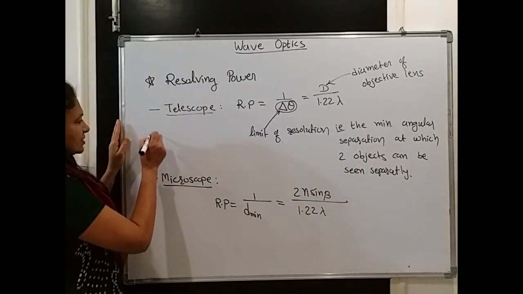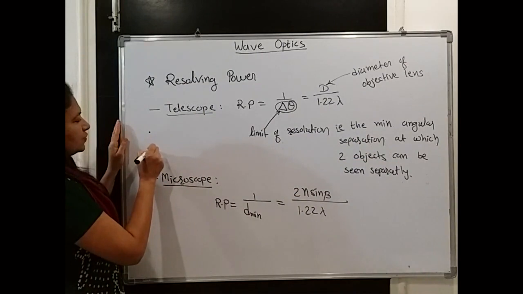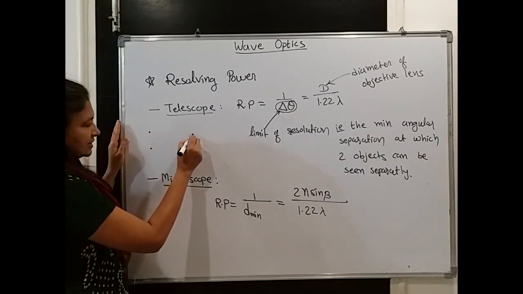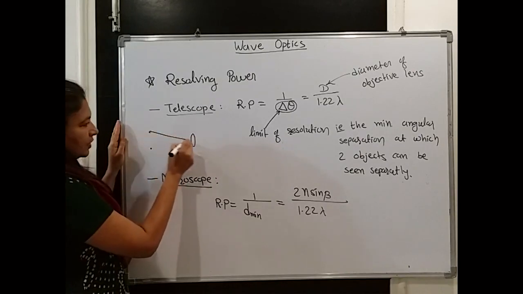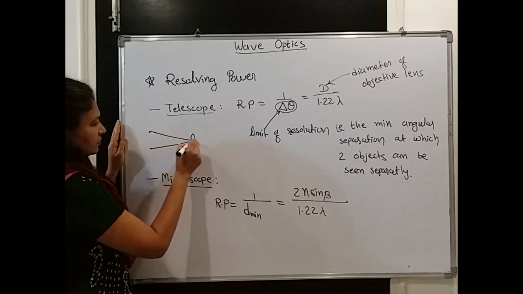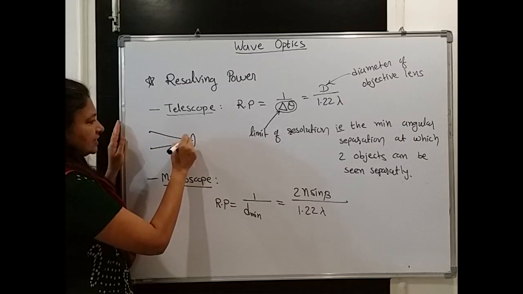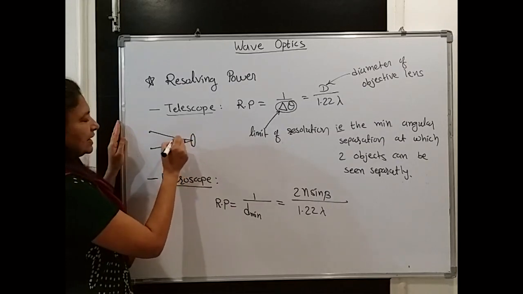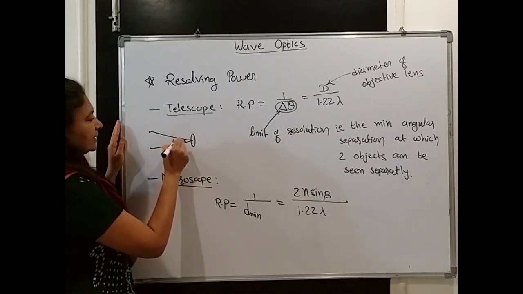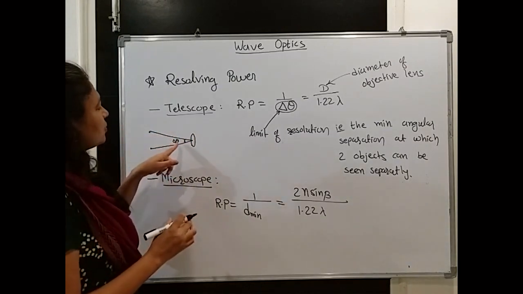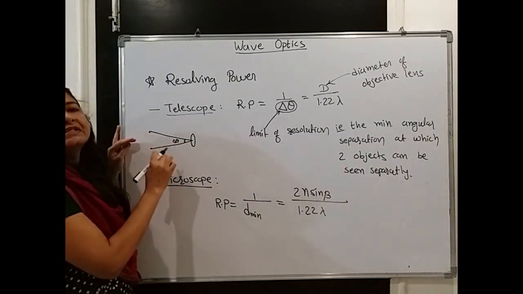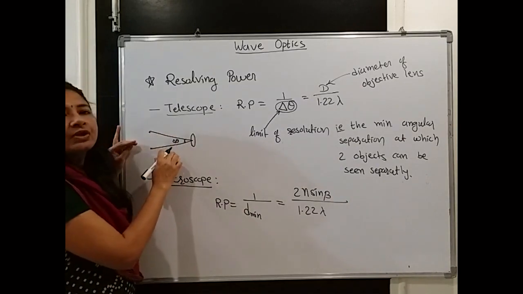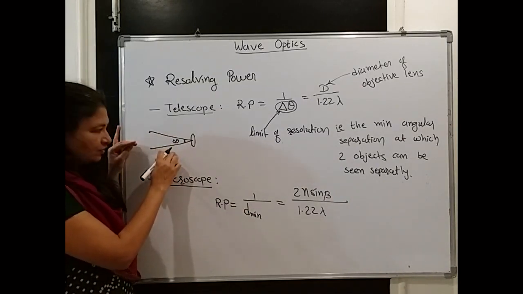That means suppose here are two stars, and this is the objective lens of the telescope. So these two subtend angle delta theta. So the minimum amount of the angle for which the two stars can be seen separately is known as limit of resolution.